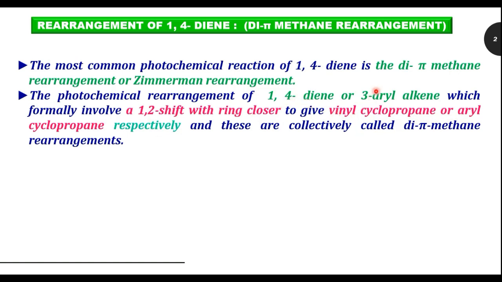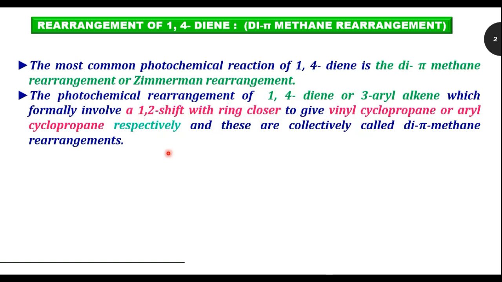If you take a 3-aryl alkene, the product is aryl cyclopropane. So this reaction is called the di-pi-methane rearrangement. Simply, it is the photochemical rearrangement of a 1,4-diene or 3-aryl alkene through a 1,2 shift with ring closure to give vinyl cyclopropane or aryl cyclopropane respectively.